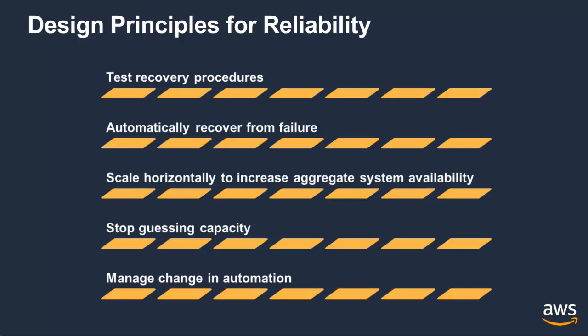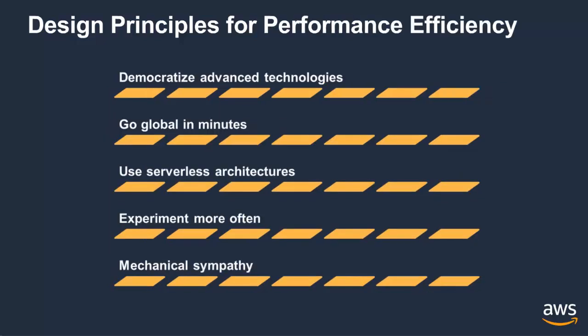One of the things that allows you to do that is to scale horizontally instead of vertically. So create more horizontal instances that can respond to it as opposed to trying to scale up and get larger boxes. And once again, I talked about automation. You really want to manage all your change through automation.